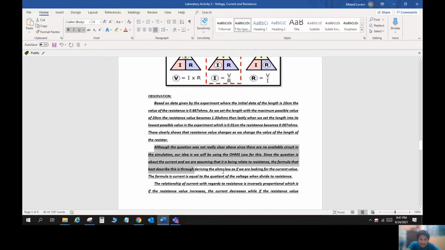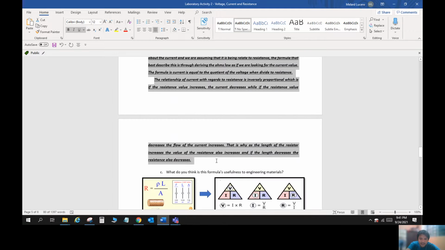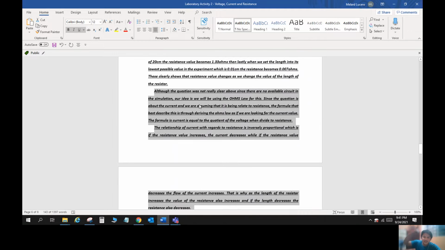Although the question was not really clear, since there is no available circuit in the simulation, our idea is to use Ohm's law. Since the question is about the current, and we are assuming that it is related to the resistance, the formula that best describes this is derived from Ohm's law when looking for the current value: the quotient of the voltage divided by the resistance.